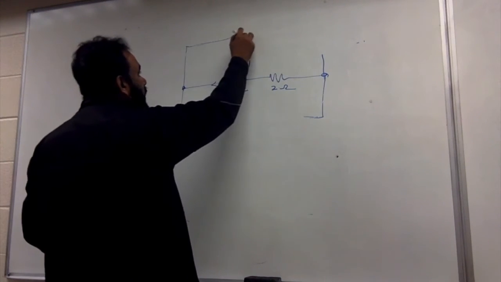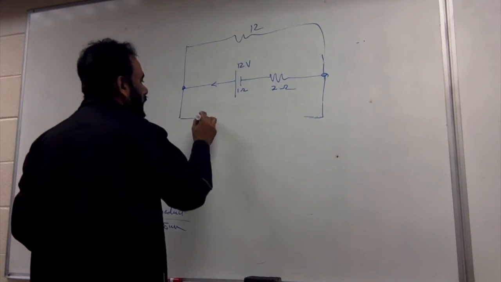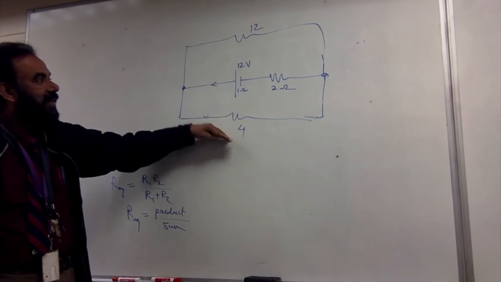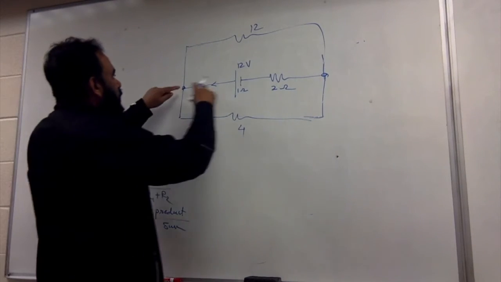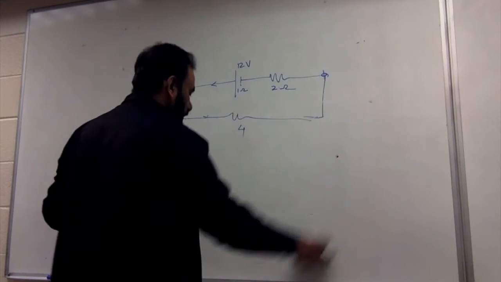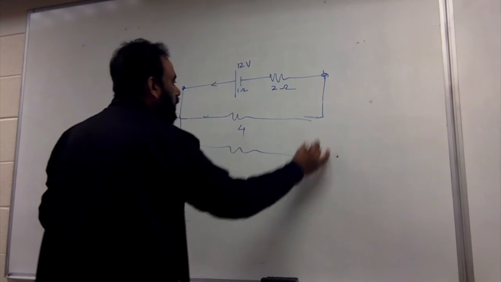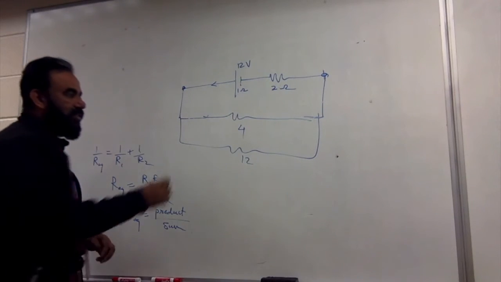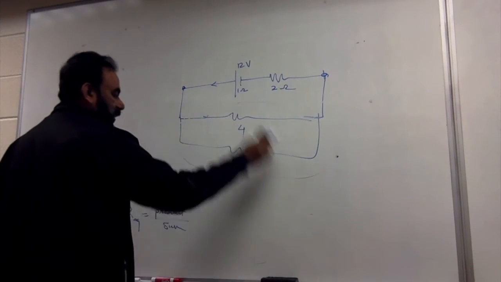That is 12, and that is 4. And you can see that that and that are both in parallel. So instead of drawing it on that side, I can even draw it on this side. Once you draw it like this, the whole thing here is 3.